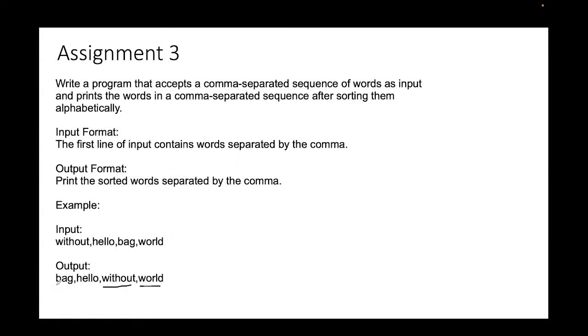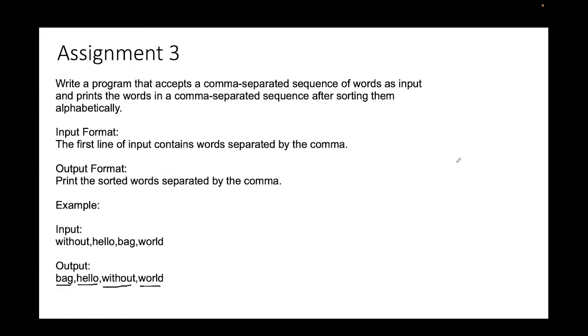Bag and hello, B and H are before W in the alphabetical sequence. If you give these four words, this is the sequence in which they will be output. Any sequence of words, it should arrange in alphabetical order and give you the output. That is the task you need to do.